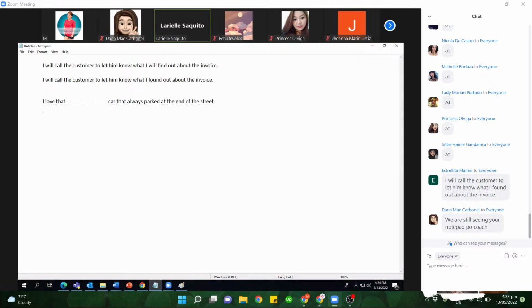First, let's see. Green. We also have big, antique, French, old, beautiful. So we have green, big, antique, French, old, beautiful for us to be able to describe this car.